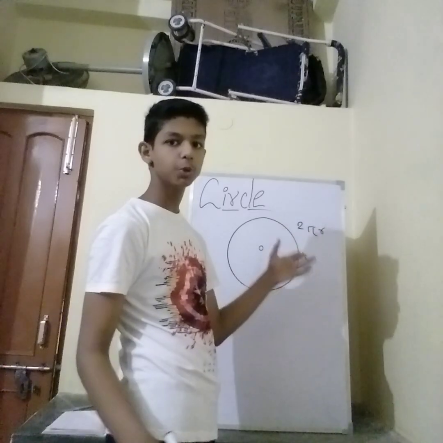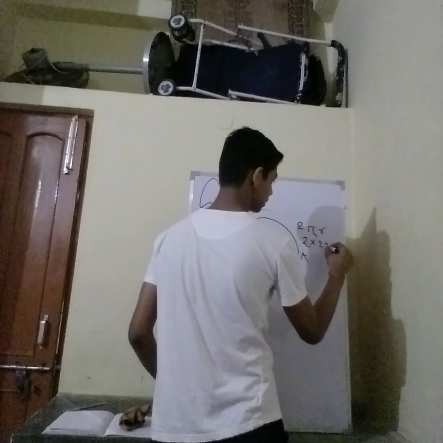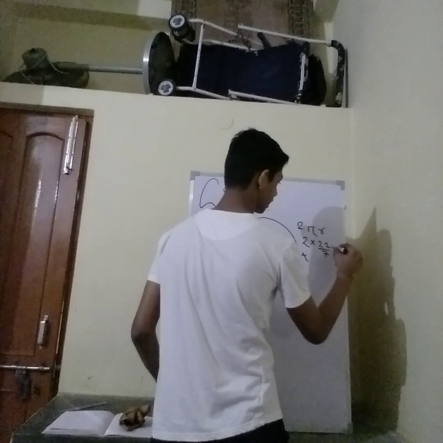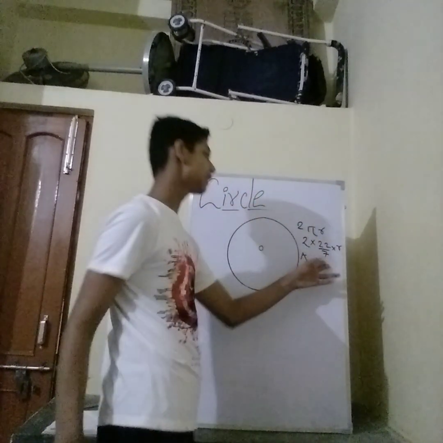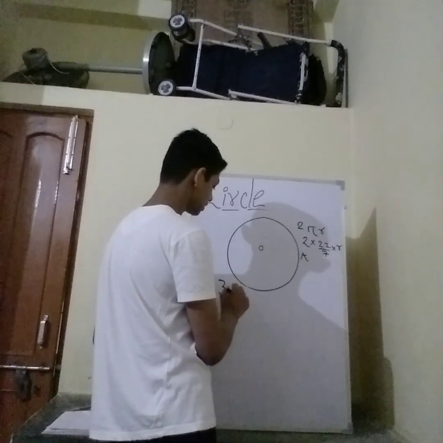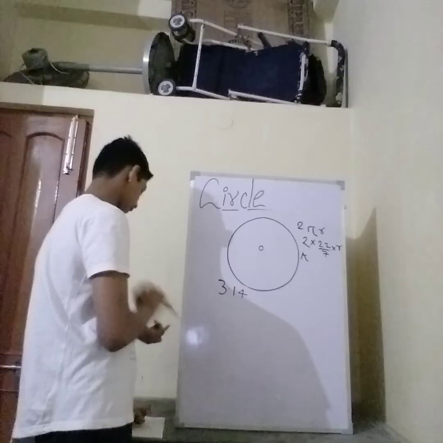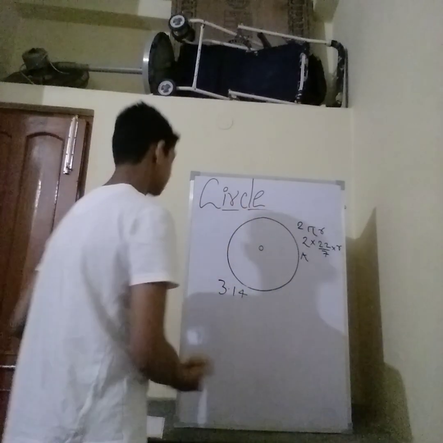Circumference is equal to 2 pi r, which is 2 into 22 by 7 into r. 22 by 7 is the rational value of pi and the irrational value of pi is 3.14.